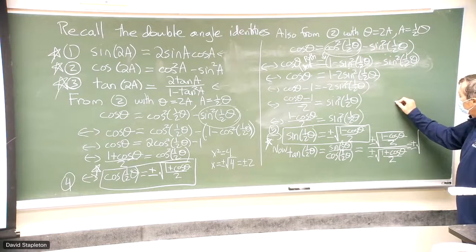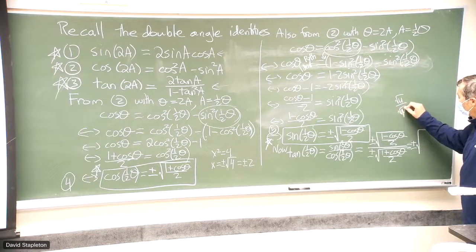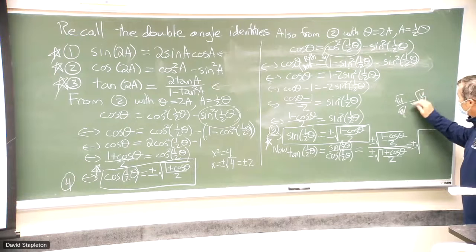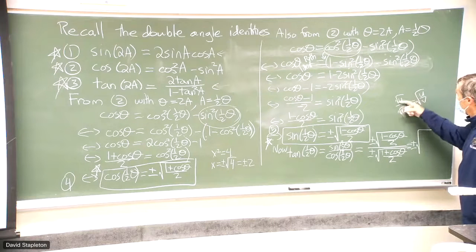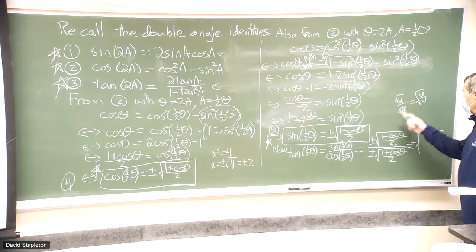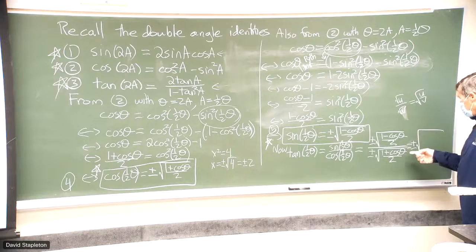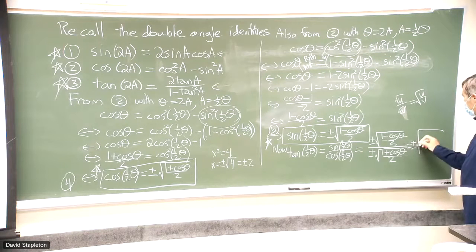Remember this from algebra? If you have square root u over square root v, with u and v both positive numbers, then that's the square root of u over v, right? You can write it as a single square root for any positive numbers u and v. And u can be 0 also. And so now we can put these 1 minus cosine theta over 2, all over 1 plus cosine theta over 2.